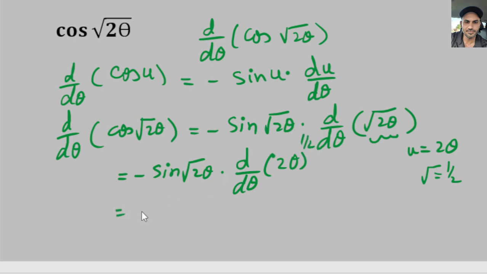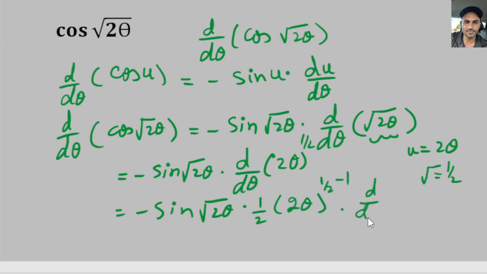In the next step I'm going to take the derivative: negative sine of square root of 2 theta times the derivative of square root of 2 theta, which is going to be 1/2, 2 theta to the 1/2 minus 1, times the derivative of the inside, d over d theta of 2 theta.